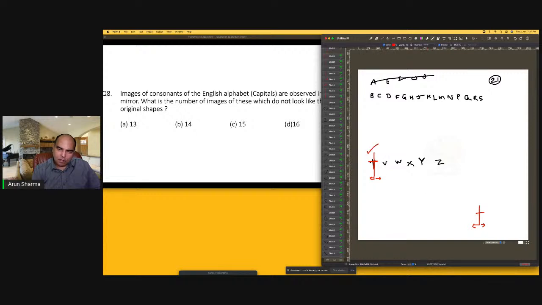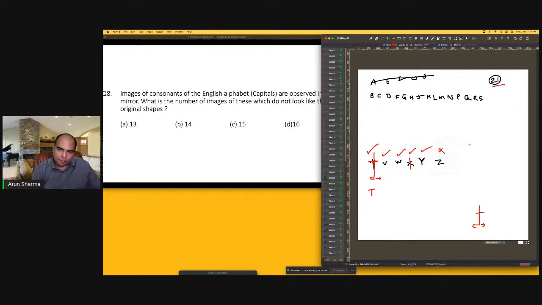So T will be one of the letters which will look the same both ways, whether I look at it in the mirror or straight. V also has a central axis, W also, X also, and Y also. Z does not have it. So out of 21 letters, we are trying to look at how many of them have the central axis.